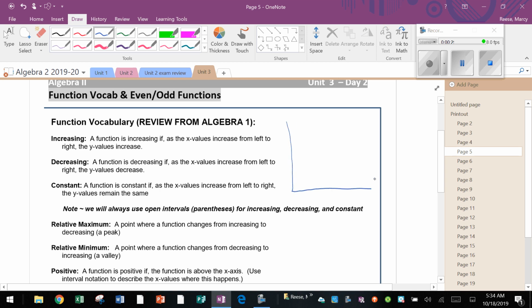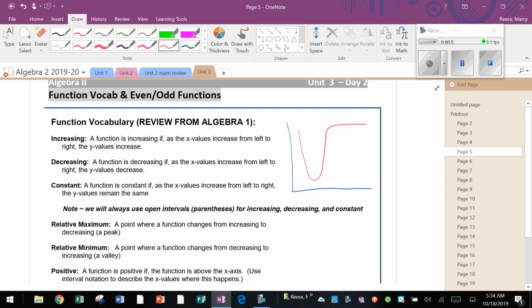Okay, we're going to talk about function vocabulary, and the first ones have to do with what we call increasing, decreasing, and constant. And when you look at a graph, you always look at it from left to right. I just put there three scenarios where I've got an increasing, decreasing, and constant.